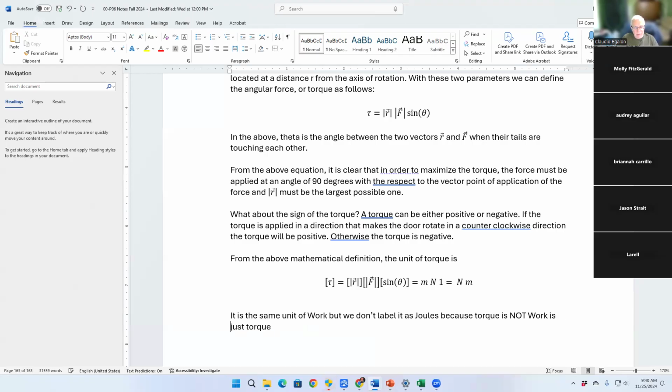And the fact that it has the same unit as energy is just coincidence. They are both different concepts with the same unit.